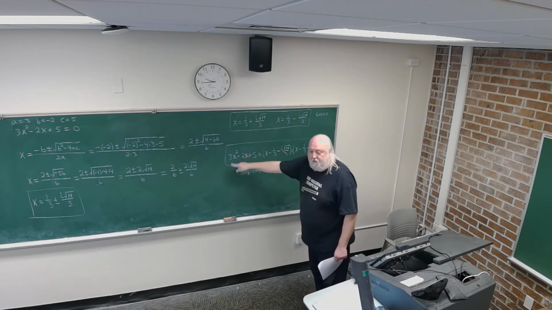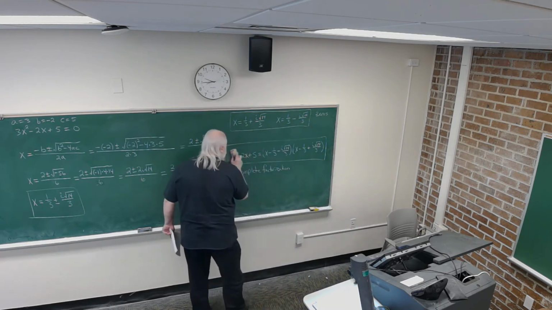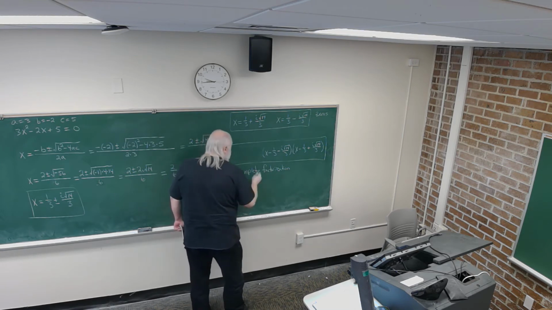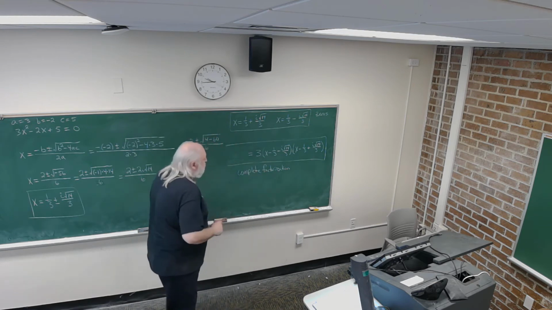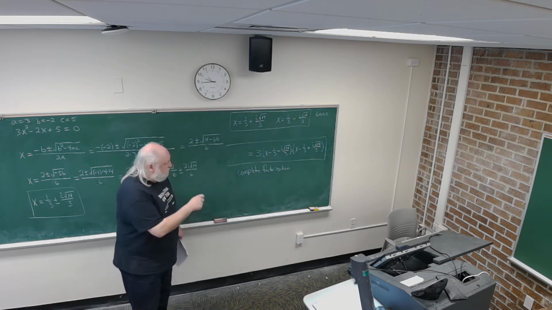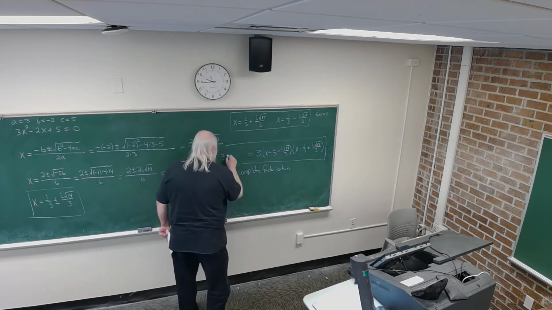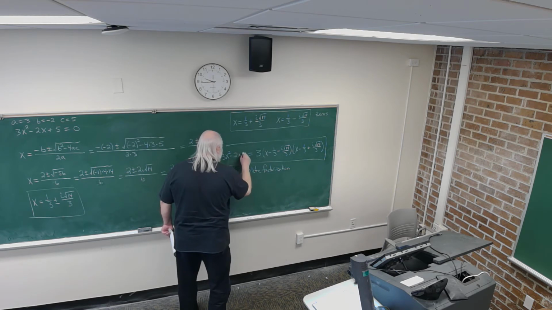Our leading coefficient is 3. I forgot to multiply the right-hand side by 3. So it's 3 times x minus 1/3 minus i root 4/3 times the second factor. 3x squared minus 2x plus 5.